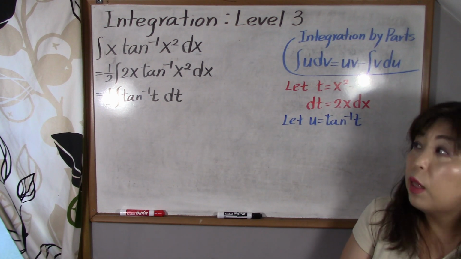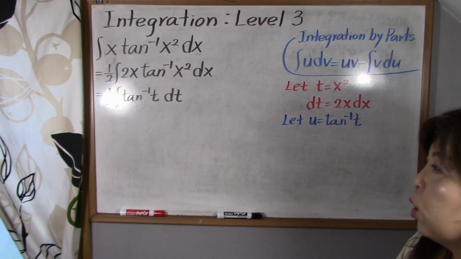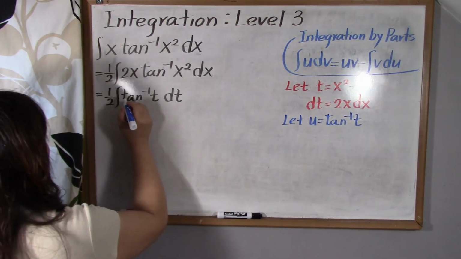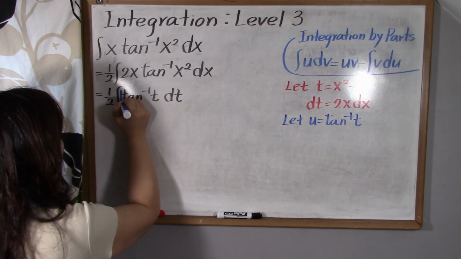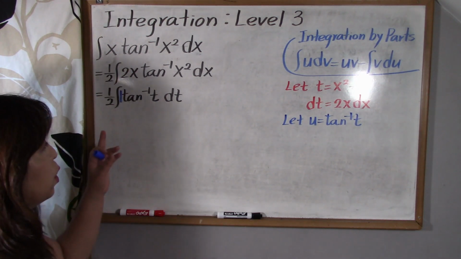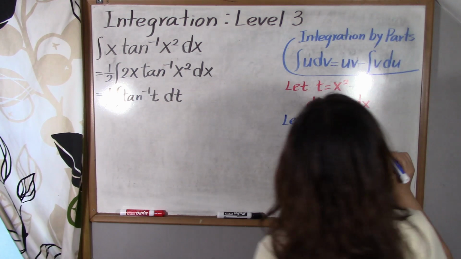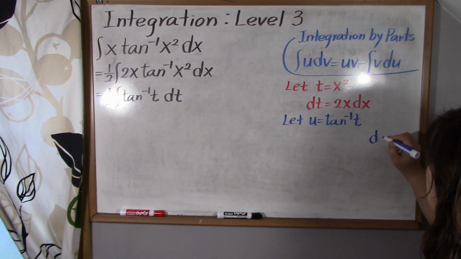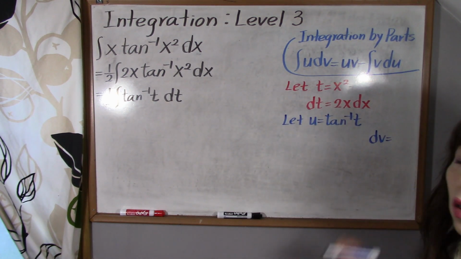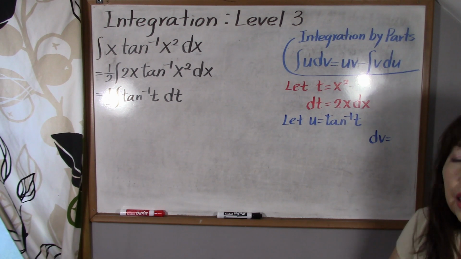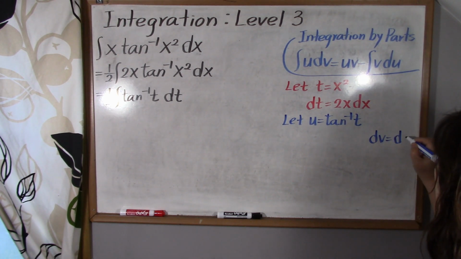Next, what is dv? Actually 1 is hiding here. So 1 times dt. So dv is equal to 1 times dt, which is actually dt.